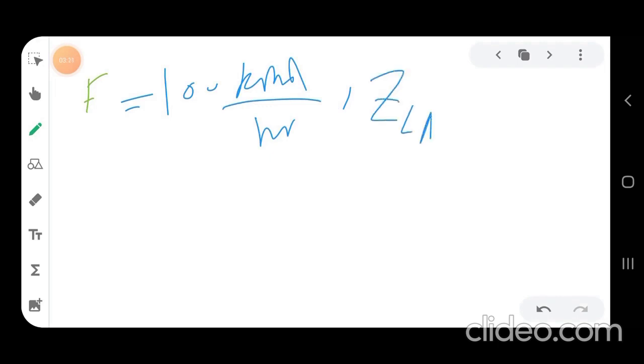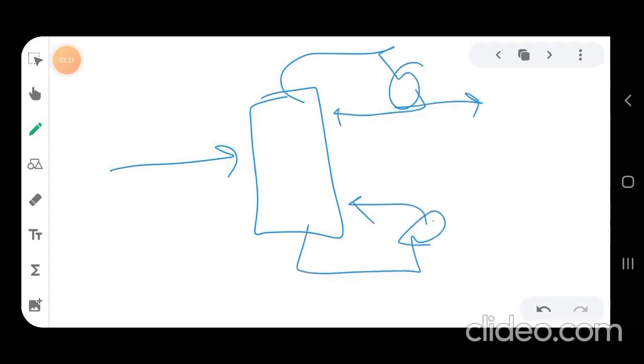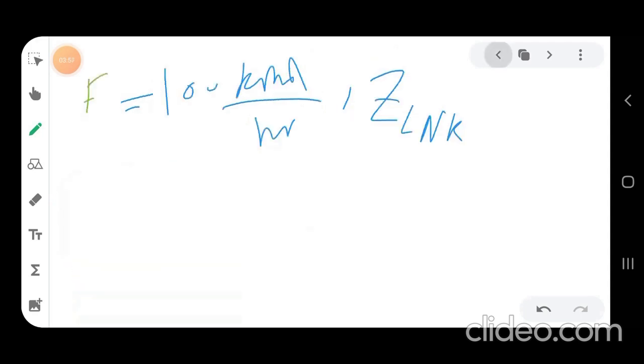What I mean by light non-key is like this: you have this distillation column, you have the feed, a condenser, and this is the reboiler, and here we have the light key and the heavy key. The component lighter than the light key is the light non-key. So these are my components of interest, the light key and the heavy key, and the one lighter than the light key is called light non-key.